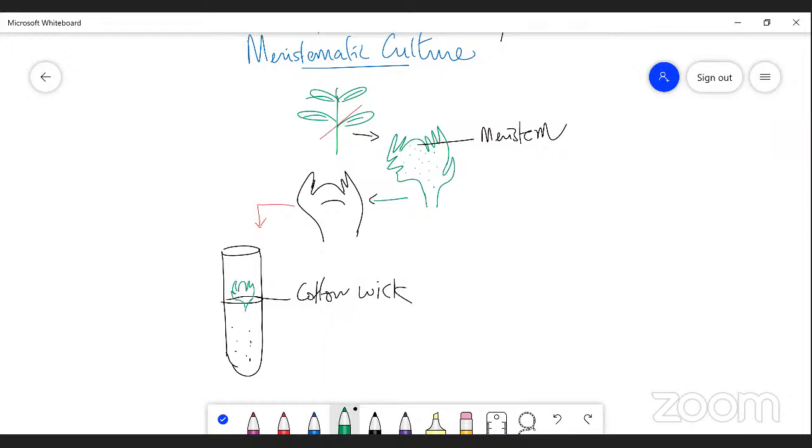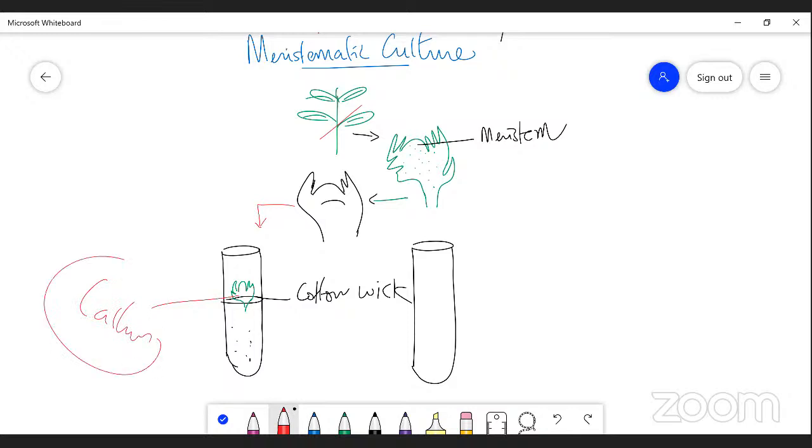After some time, what will happen is the next stage, let us find the growth of the callus. Simply I can say it is a callus. Already I said callus is an unorganized mass of tissue.